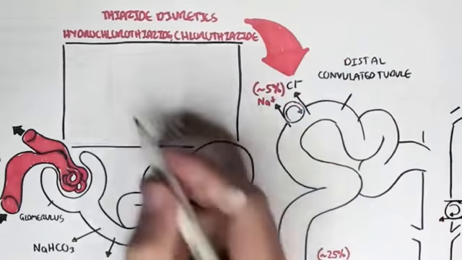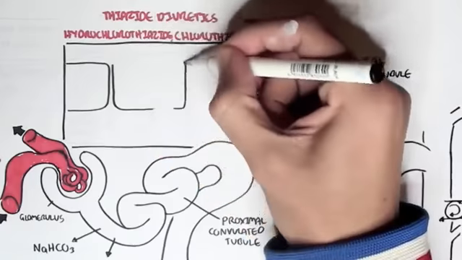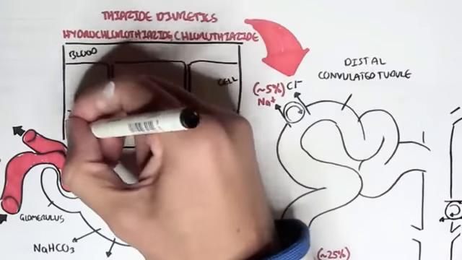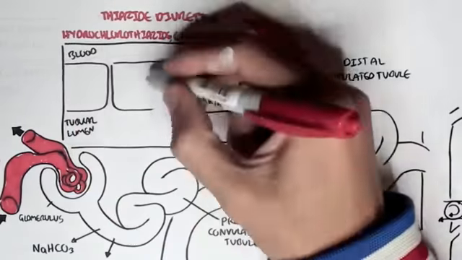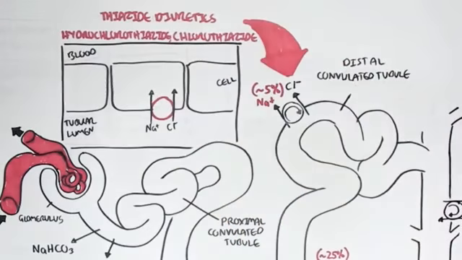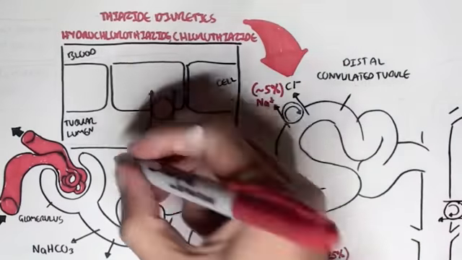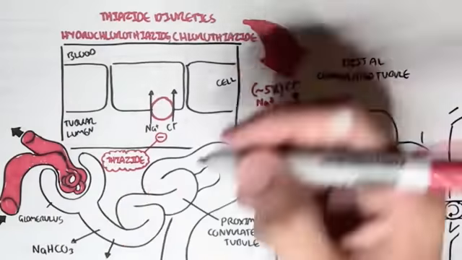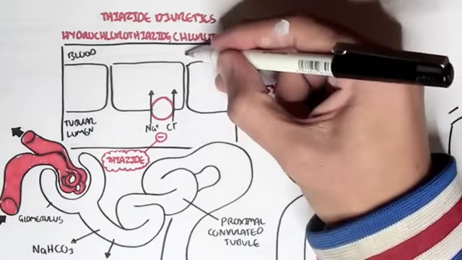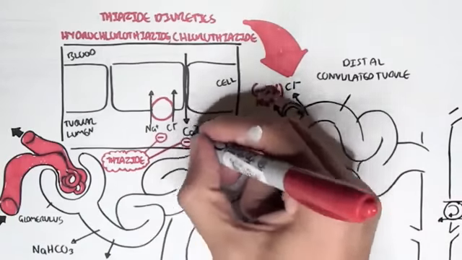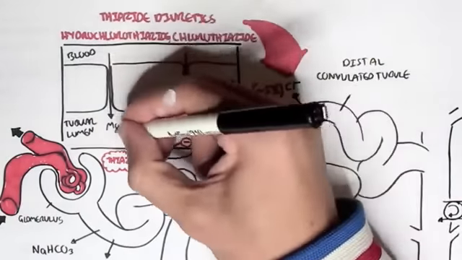So here we have the cell, here we have the blood on the outside and the tubular lumen on the inside. Thiazides essentially prevent sodium reabsorption by inhibiting this transporter of sodium and chloride. In the long term, it will actually inhibit the secretion of calcium from the blood to the lumen, but it will promote the secretion of magnesium.